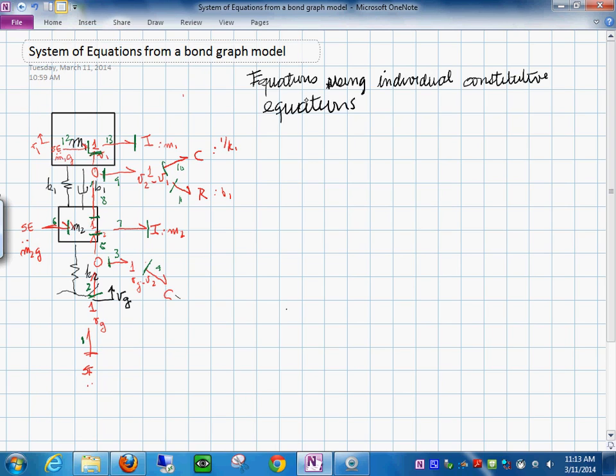Let's make it clear: it says equations using individual constitutive equations. So I'll write two equations for each, one for the effort and one for the flow.